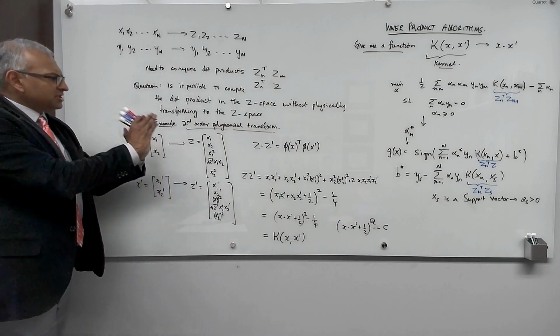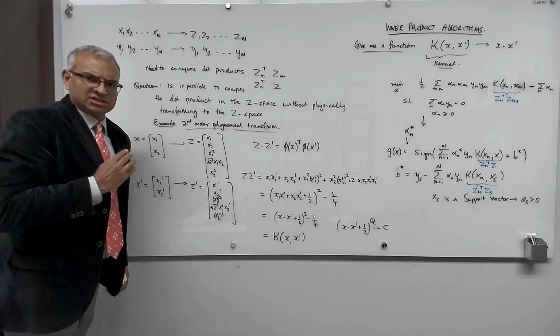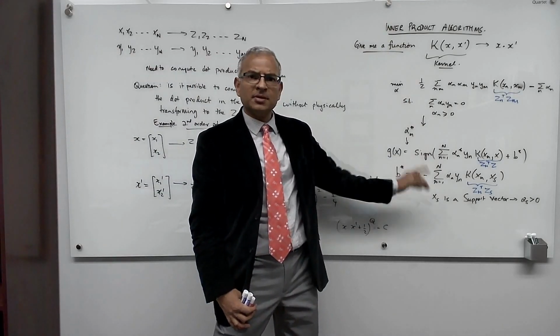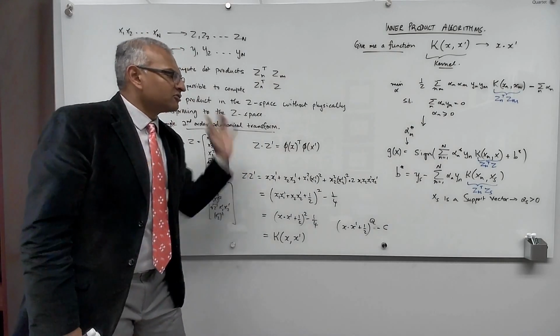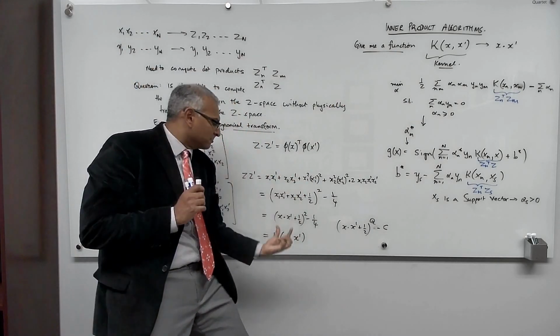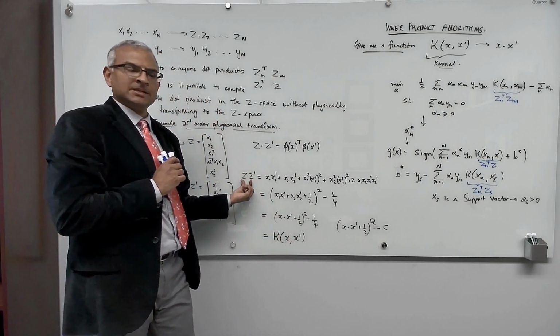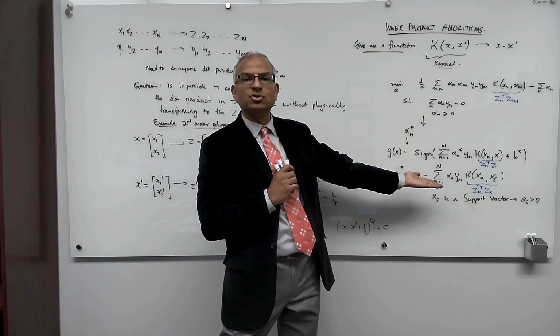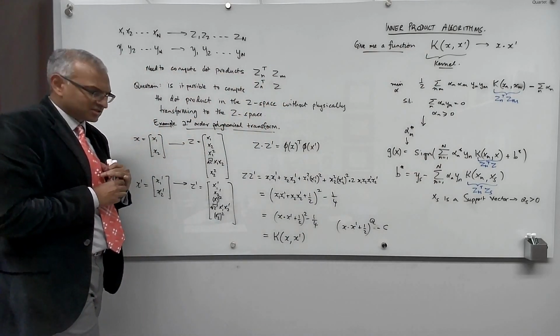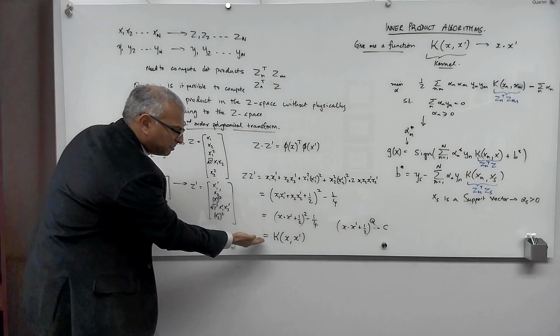So this example illustrates two concepts. The first, we can run this entire algorithm in this z space without visiting the z space by using this kernel, which miraculously computes this dot product. And all I need is to be able to miraculously compute dot products to run that algorithm. The second concept is, wow, look at the speed gain.